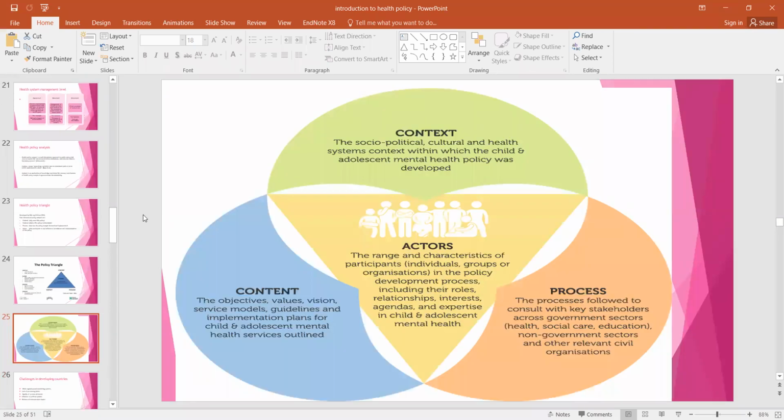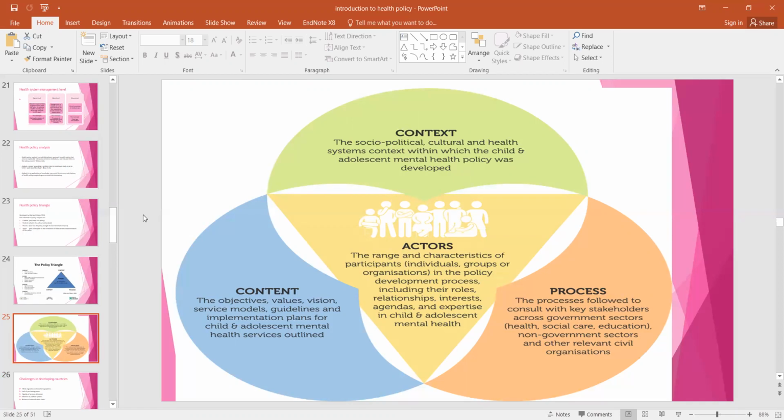This is an example of how a child and adolescent mental health policy is developed and fits in the scenario of the health policy triangle. In actors, there is the range and characteristics of participants, individuals, groups or organizations in the policy development process, including their role, relationships, interests, agendas, and expertise in child and adolescent mental health.